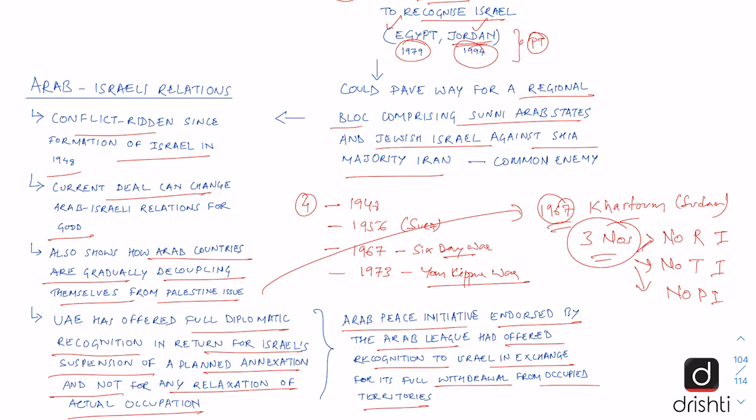And here we should know what the occupied territories are, and these basically Israel has occupied after the 1967 Six-Day War. So from Egypt, it had occupied the Sinai Peninsula and Gaza Strip. The Sinai Peninsula has been returned to Egypt by Israel after the Camp David Accord in return for recognition granted by Egypt. From Jordan, it had annexed the West Bank and East Jerusalem.